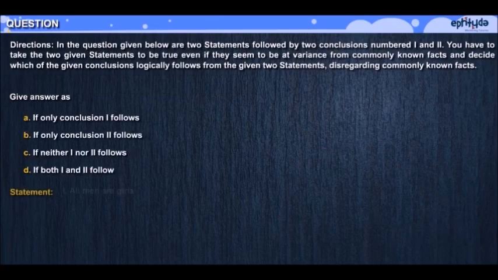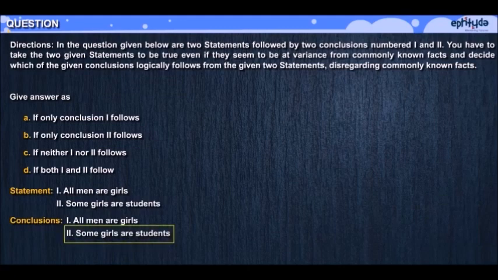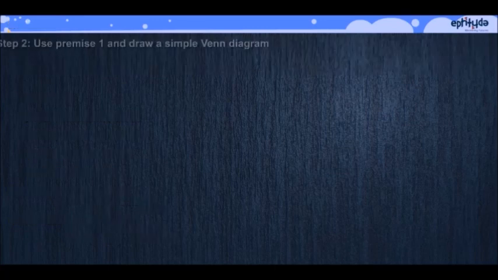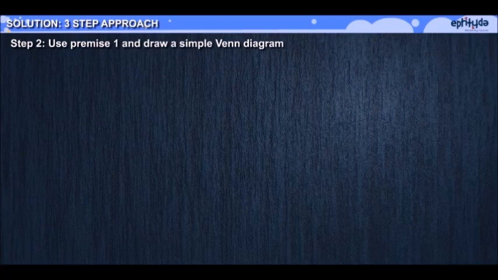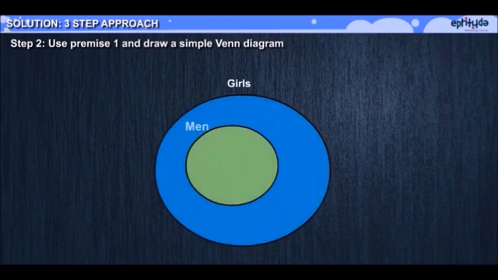Let us see whether in the same question, conclusion 2 is valid or invalid. Try to solve this on your own before we proceed. Step 2 is use premise 1 and draw the simple diagram. So, all men are girls could be drawn like this.